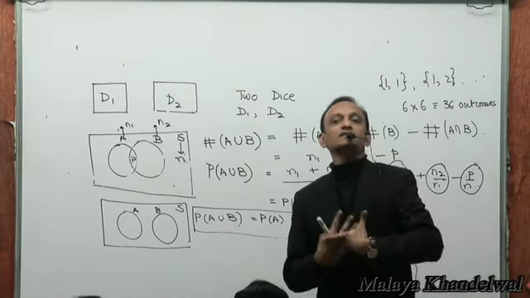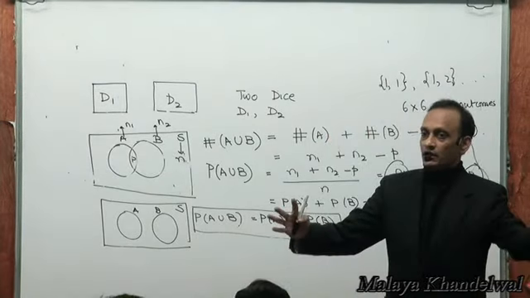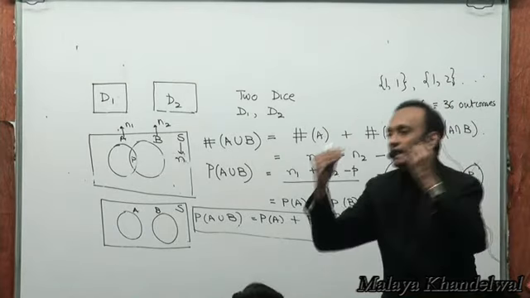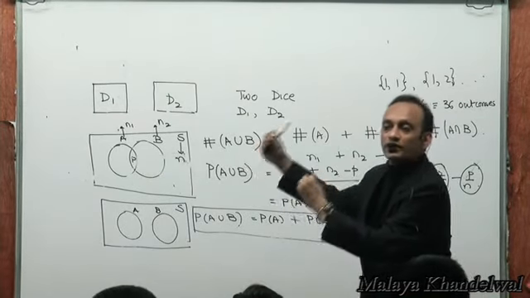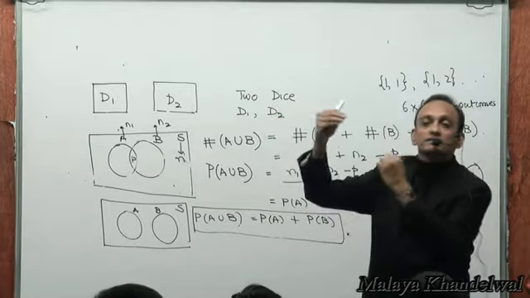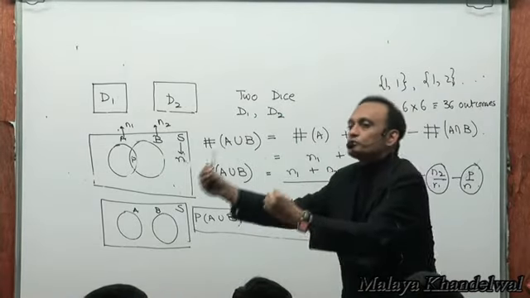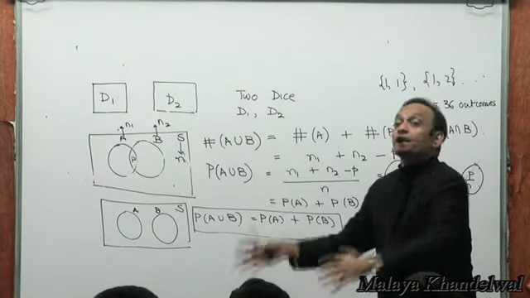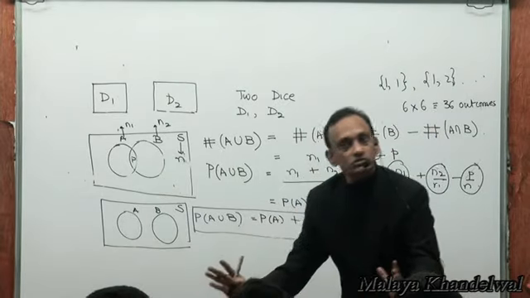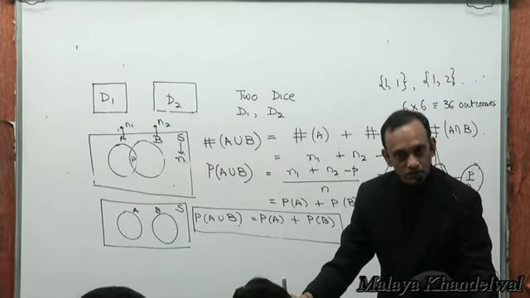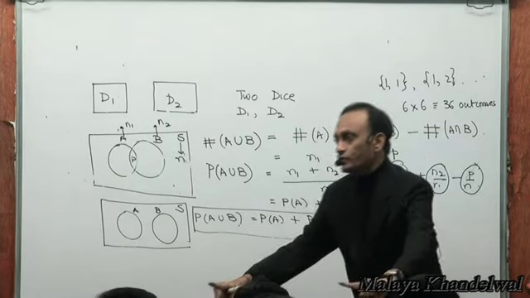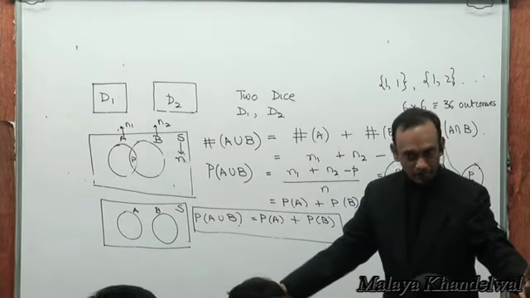And this you can extend to any number of events. If the probability of A1 union A2 union A3 union AN is P(A1) plus P(A2) plus P(A3) plus P(AN), they must be mutually exclusive events. They never occur together, right?